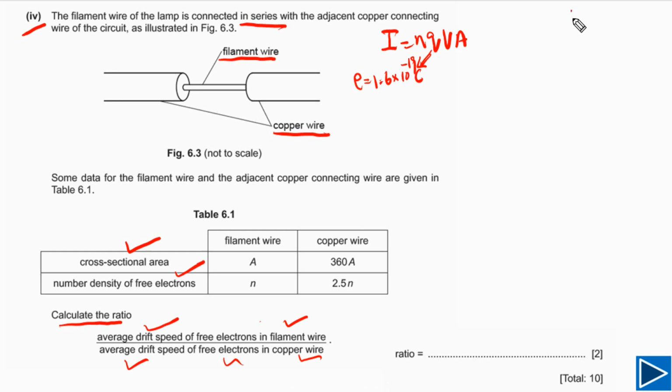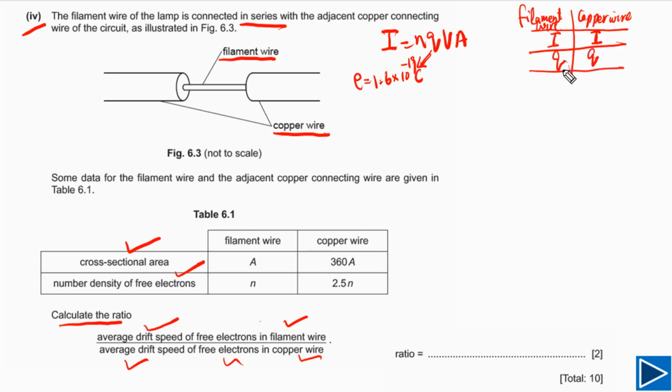First of all, let's draw one very simple table to write down the given data. This side, let's say, is the filament wire, and here we will write down data for the copper wire. In this case the current is the same, meaning the current passing through the filament wire and the copper wire is the same because they are just connected in series. We can simply say I is the same, and Q is also the same because it is a constant.